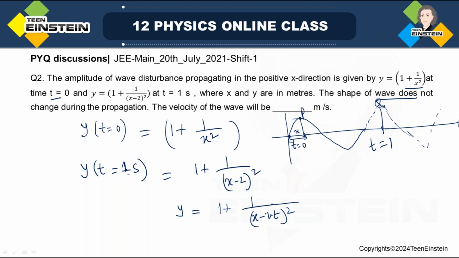At t is equal to 0, y will be 1 plus 1 over x minus vt whole square. So t is equal to 0 means this one. If I write at t is equal to 1 and then compare.